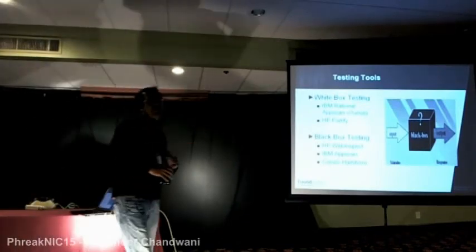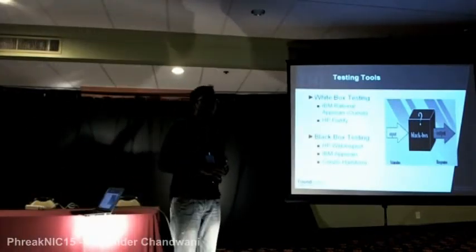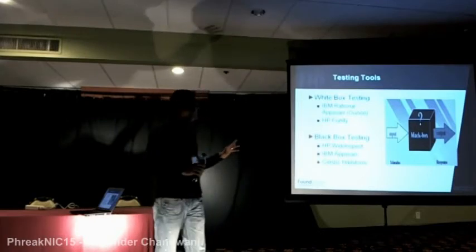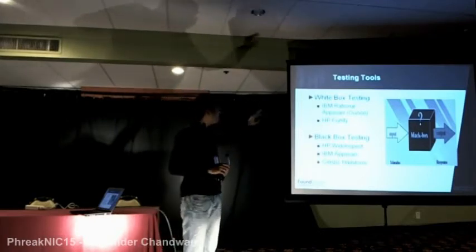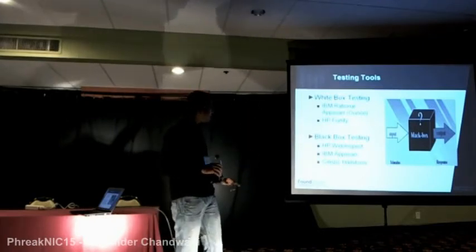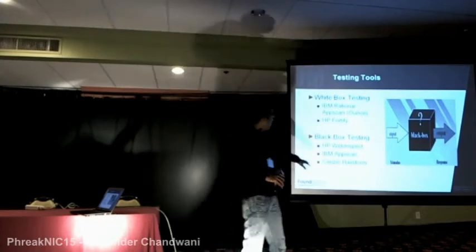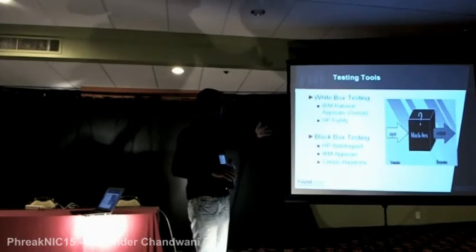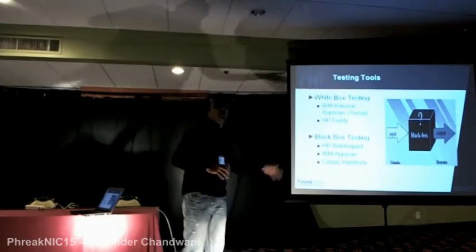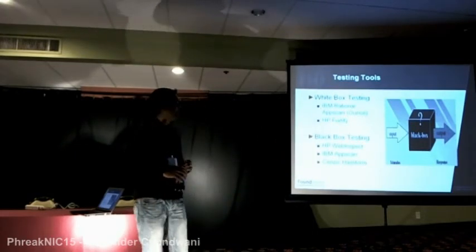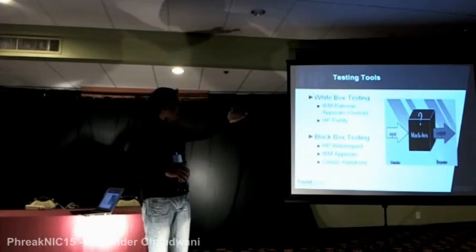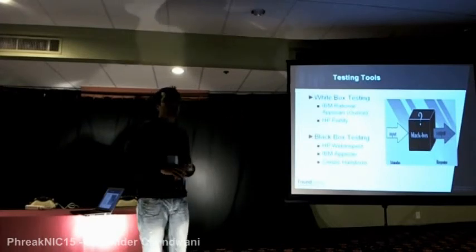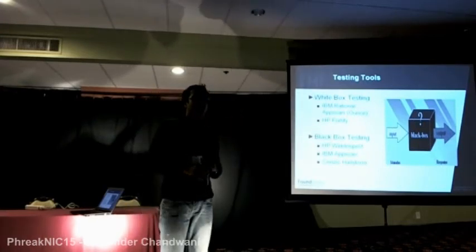Some testing tools were developed around it, and the big guys have come in. IBM has taken up a company, HP is there, and Hailstorm's kind of lost behind in the battle, especially with the amount of money HP and IBM have poured in from 2007. But these are the tools which most companies use for their applications.